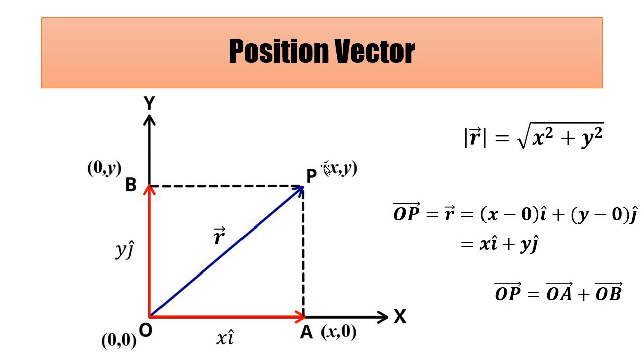Here the position vector is specified as the x position coordinate followed by i cap, which is the unit vector along the x direction, plus the value of the position coordinate y, followed by j cap, the unit vector along the y direction. Okay, the horizontal and vertical axis.